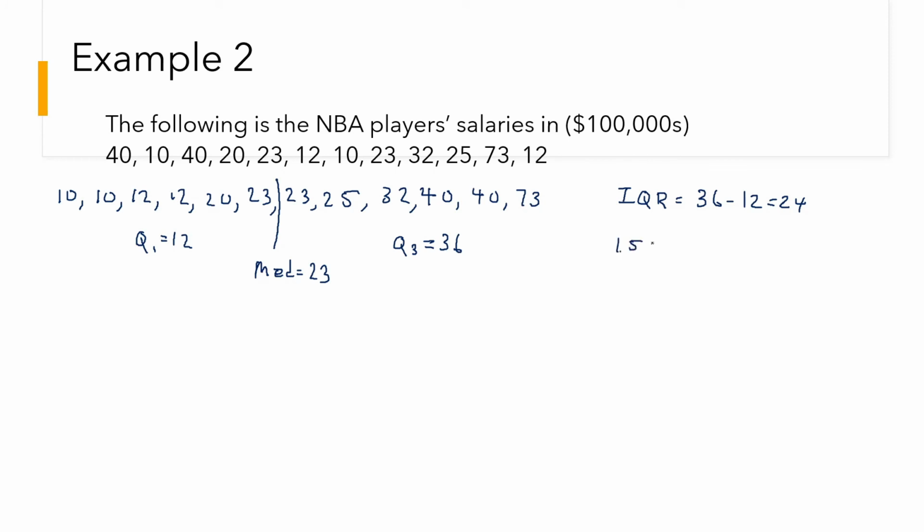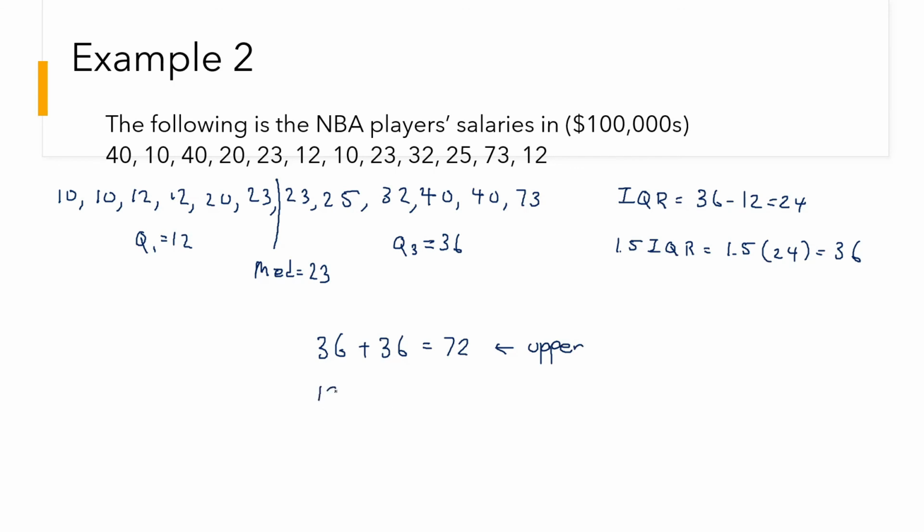And 1.5 times the IQR, so 1.5 times 24, will come out to be 36. Let's look at the upper boundary first. 36 plus 36. Just keep in mind one of the 36s is coming from 1.5 times IQR, and the other 36 happens to be your third quartile. 72, again, this is your upper boundary.